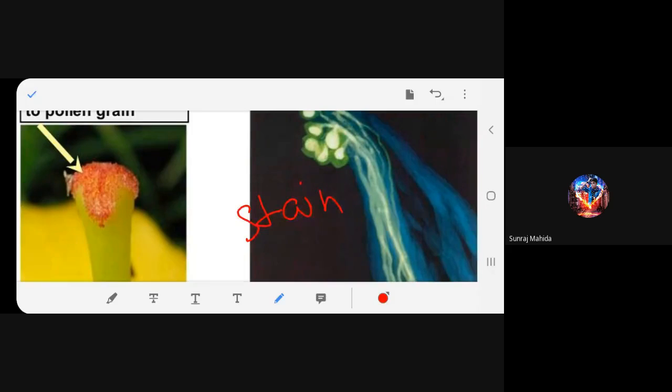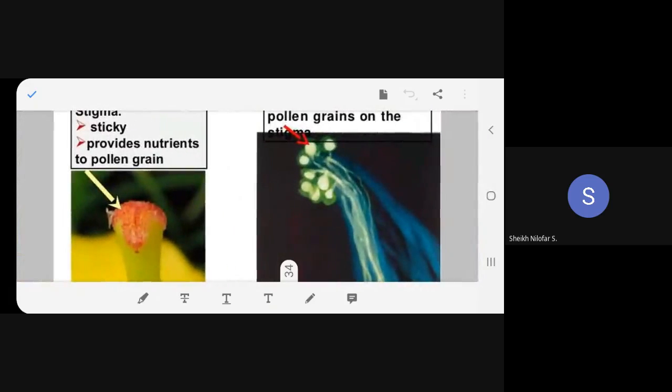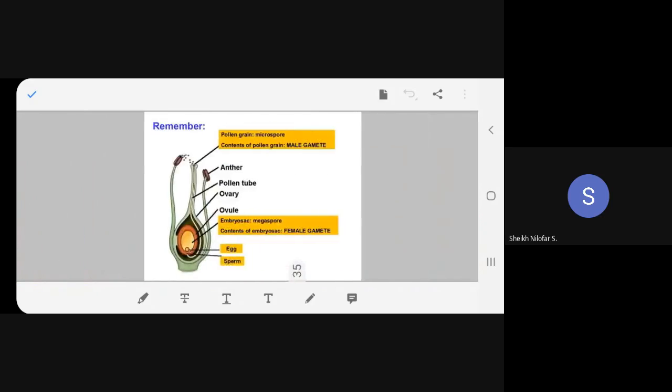So only the pollen tube will be shown and nothing else. To highlight it, otherwise how will you come to know if everything looks the same? So only the pollen tube will be stained and the rest will be in the background. It's called a fluorescent stain, which gives out light. Okay?